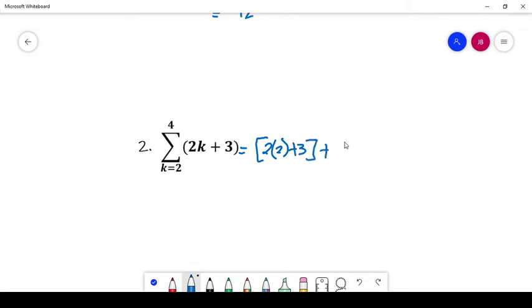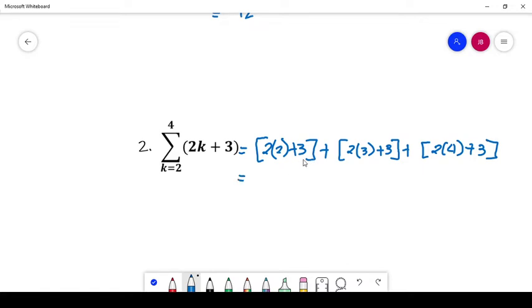Then plus 2 times 3, this time we're going to use 3, plus 3, plus until 4. So 2 times 4 plus 3. Okay? And then solve.